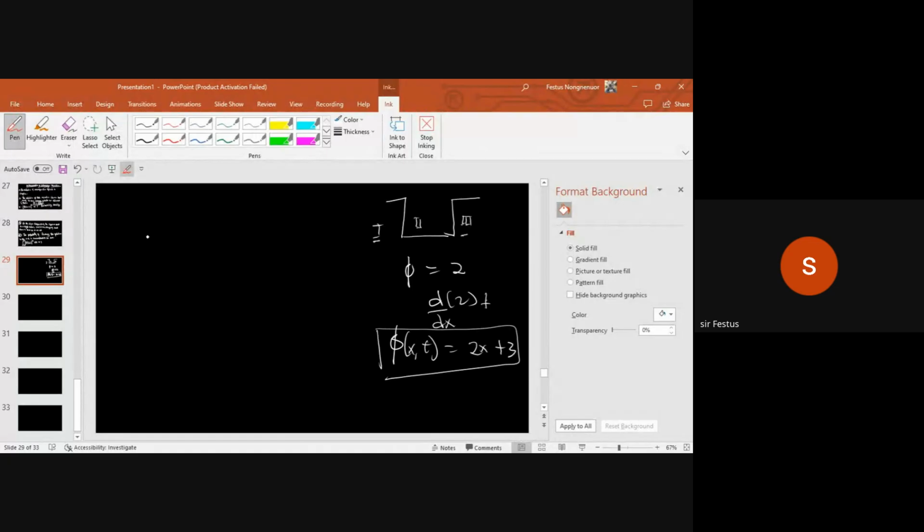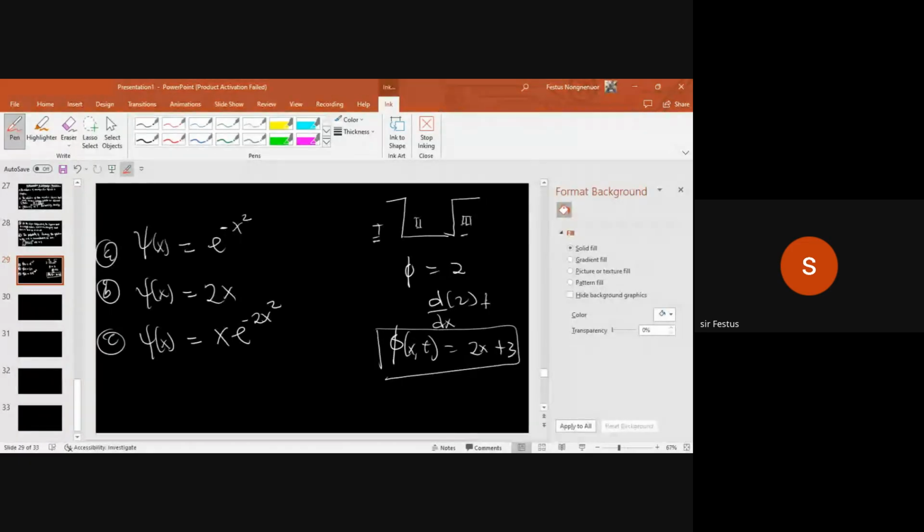You have psi of x equal to e to the power minus x squared. This is a, this is b: psi of x is equal to 2x. Then c: psi of x is equal to x e to the power minus 2x squared.